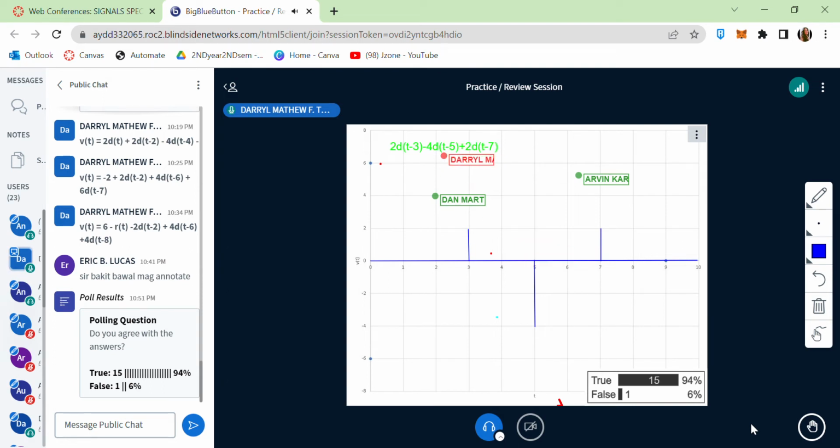So, kapag t equals 5 para masatisfy ito kasi when t equals 5, 5 minus 5 equals 0. And remember, yung impulse natin is only going to be non-zero kapag 0 yung nasa loob niya. And then yung final point in time natin is t equals 7 with the amplitude of 2.